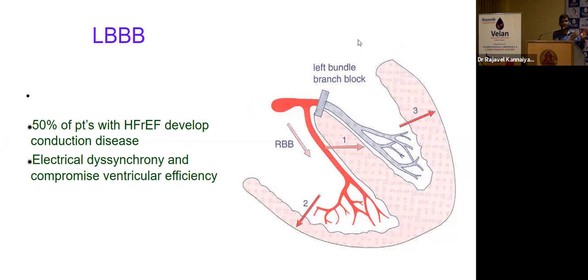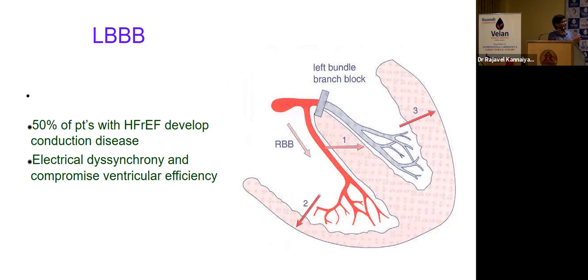The left ventricle is the main pumping chamber of the heart because it supplies the high resistance, high pressure systemic circulation, whereas the right ventricle supplies the low pressure, low resistance pulmonary circulation. So right ventricle dysfunction is not of much importance, but the left ventricle will suffer a lot.